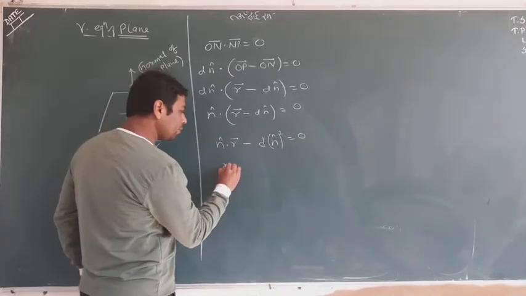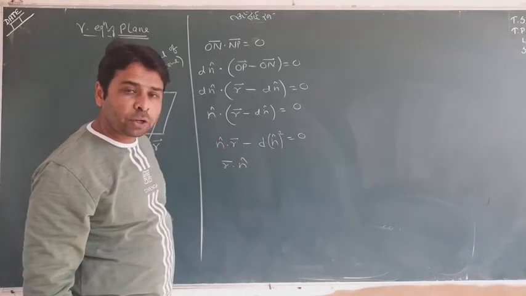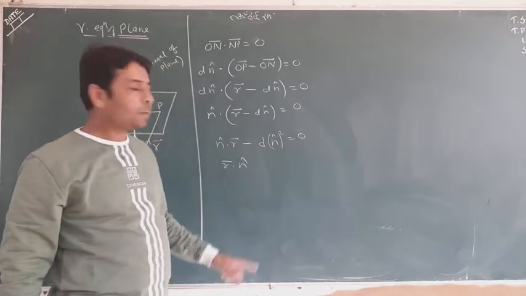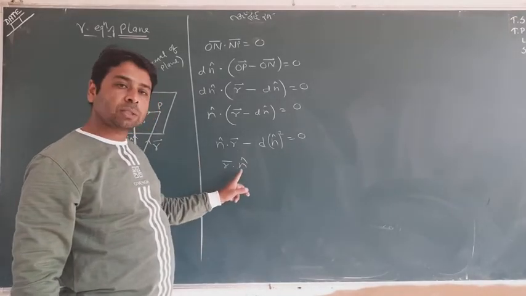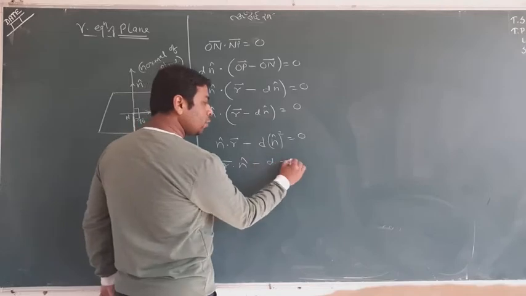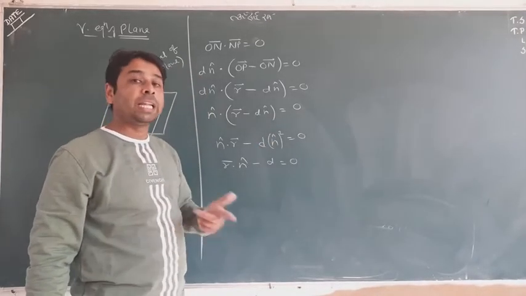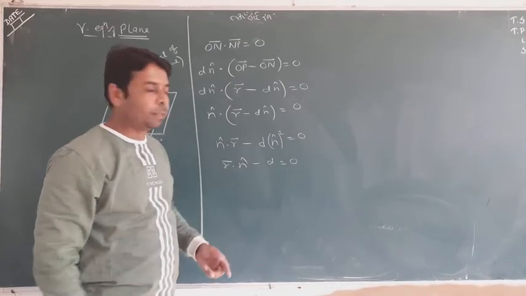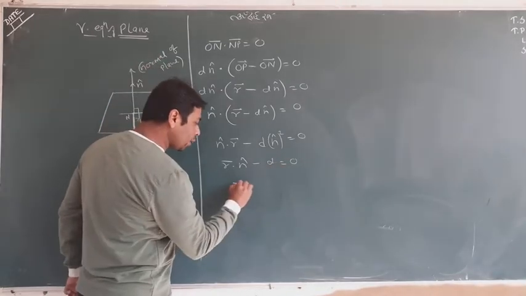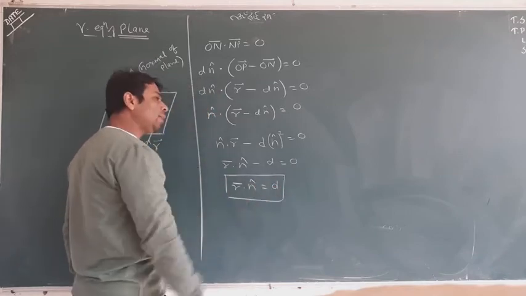And do you know that the dot product is commutative? A dot B and B dot A are the same, so n cap dot r and r dot n cap both are the same. Minus this is d. Why? Because n cap square means mod n cap square, and n cap is a unit vector, so its mod is 1. So we transfer that to the other side. So r dot n cap equals d. What is the final conclusion?